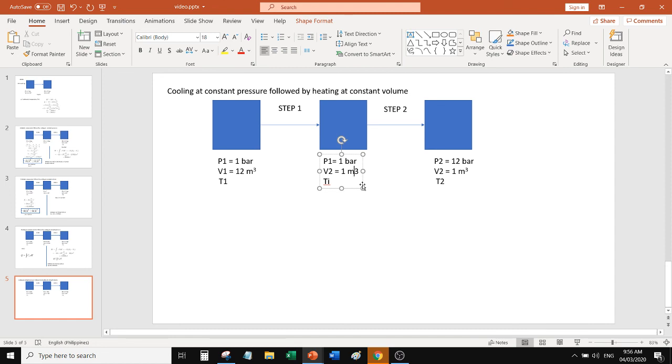So we do the same. At the first step, we make use of negative PdV, and you'll get the work for the first step.